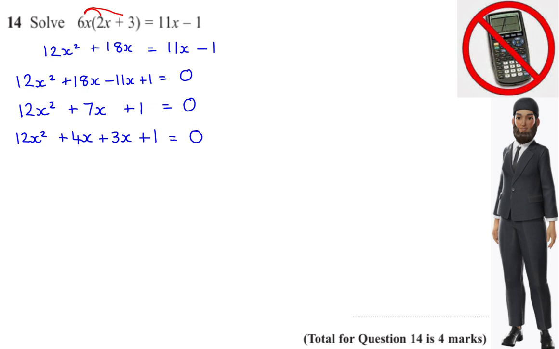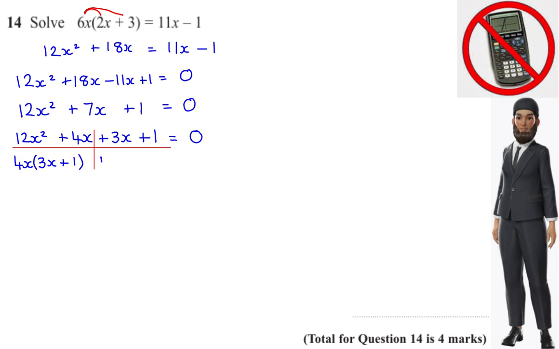And what we're going to do, we're going to break this down over here, split this up. We'll factorize this, and you should get what is common between 12x squared and 4x. That's going to give us 4x. Let's open the brackets. What's left over is 3x plus 1.